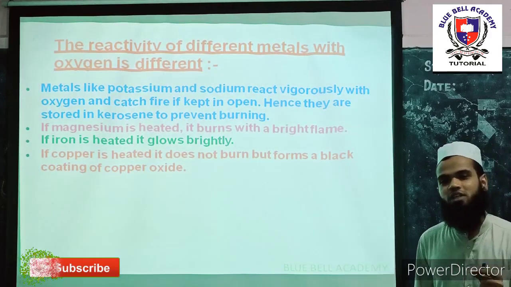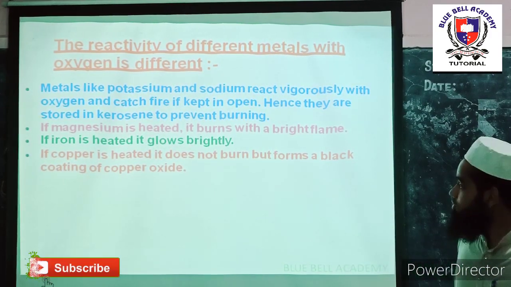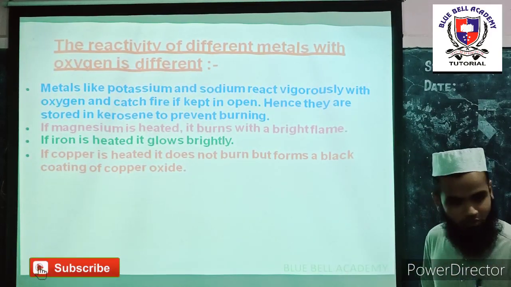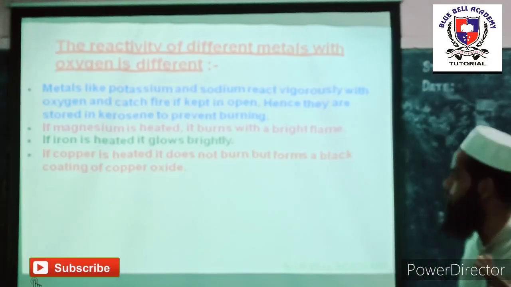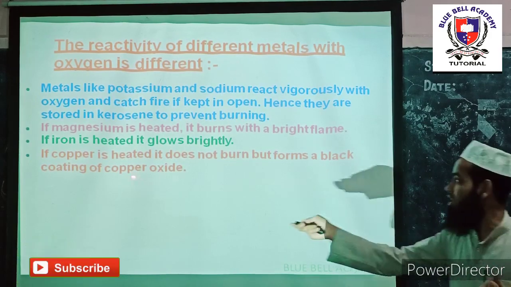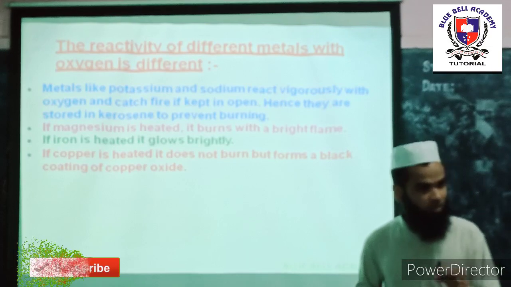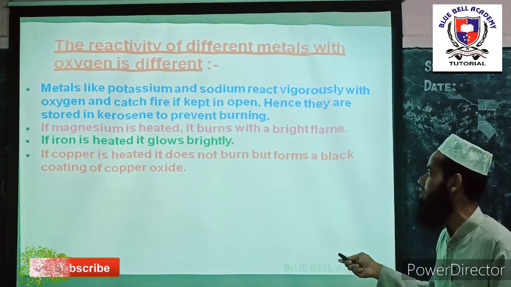Name the X metal and write the chemical equation. The X metal is copper, and you have to write how it reacts with oxygen, and name the compound. That black coating is copper oxide.